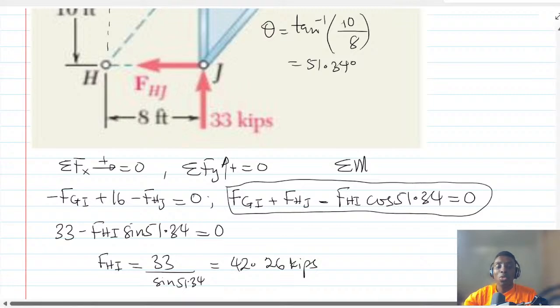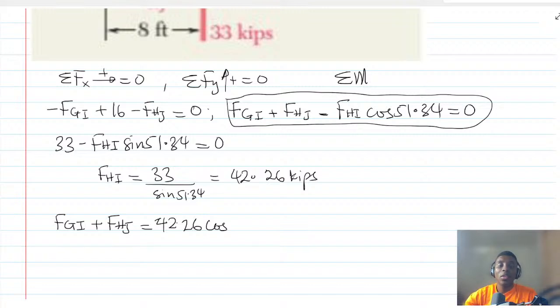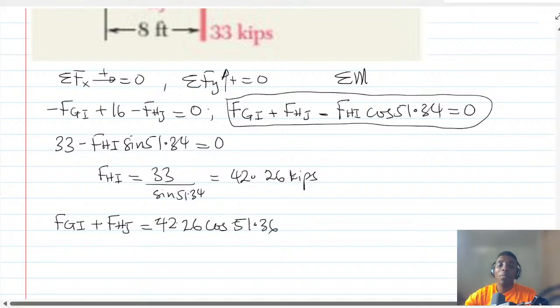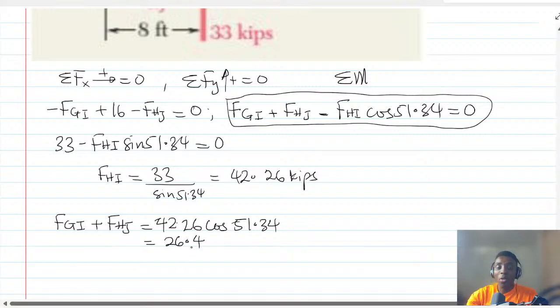If we put the value inside, then now we can say that FGI plus FHG should be equal to what? 42.26 cosine 51.34, sorry, 51.34. And that is going to give you 26.4.